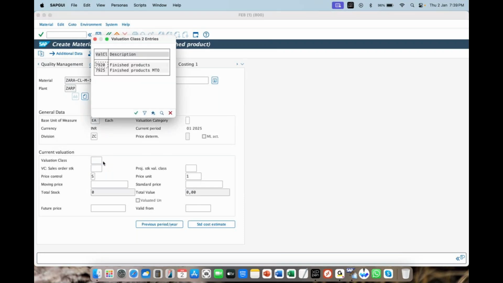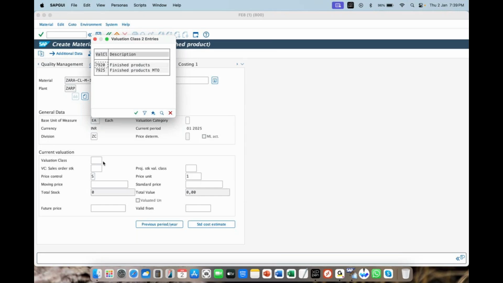That is, what should be the cost of the product? It will be set by the finance module. All right. What should be the cost of the product?